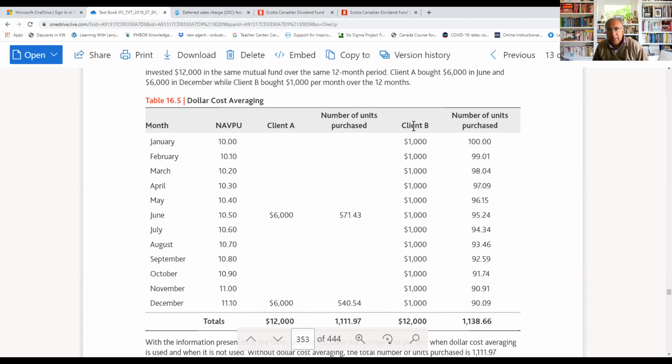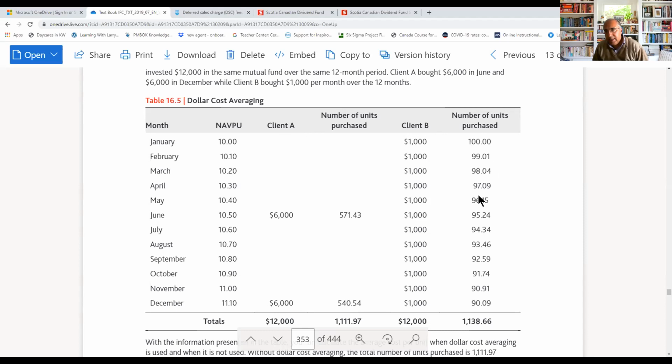Now the other client, she says, okay, I'm going to invest 12,000, but I'm going to do $1,000 every month. The benefit of doing it that way is, you see, when the price is $10, she's buying 100 units. When the price is 10.10, 1,000 divided by 10.10, you'll get 99.01.